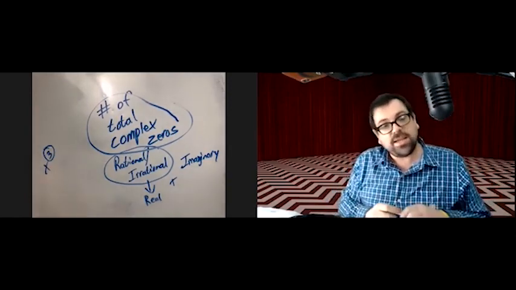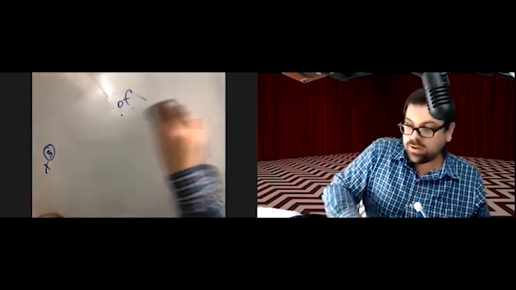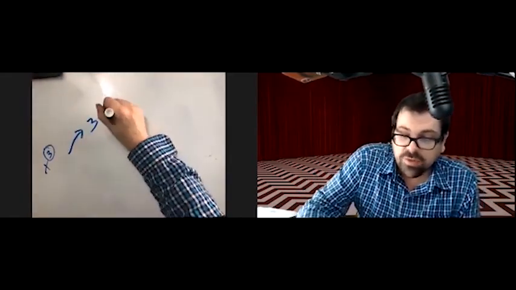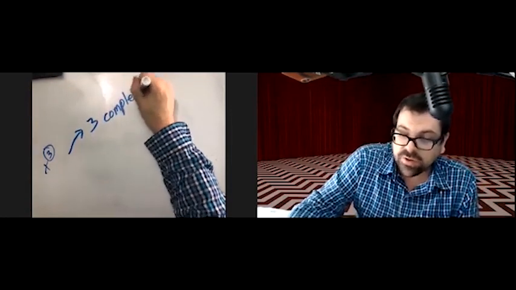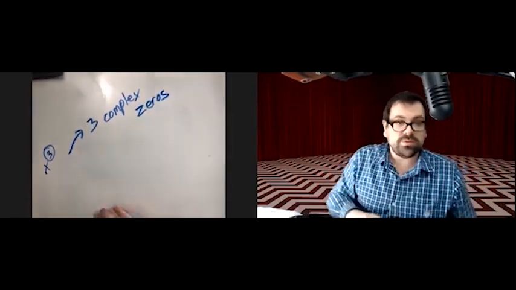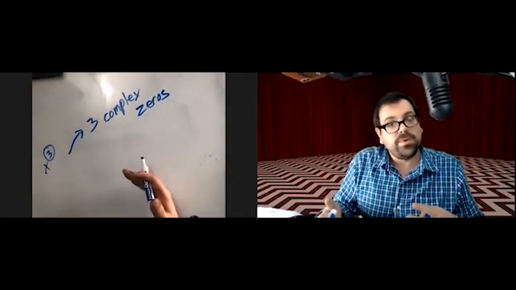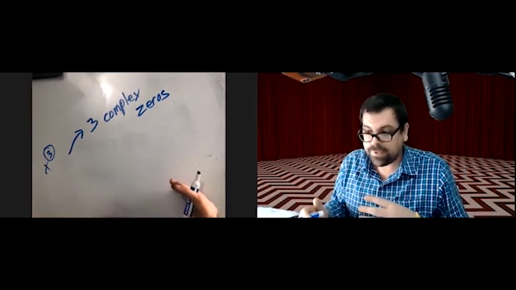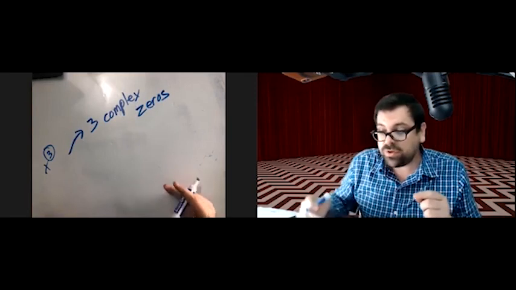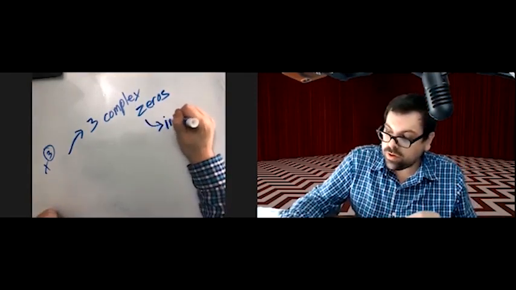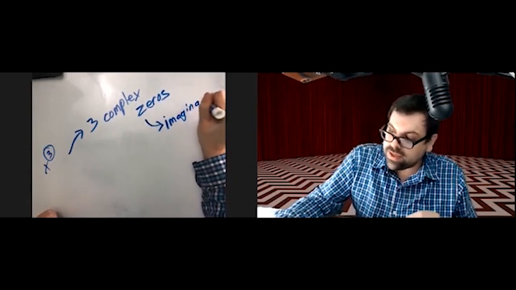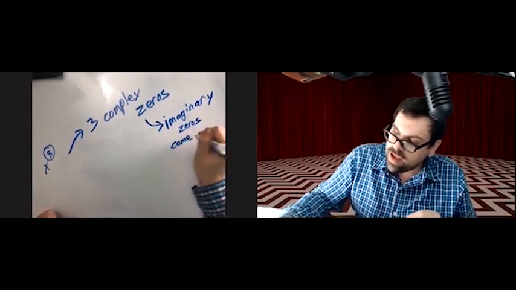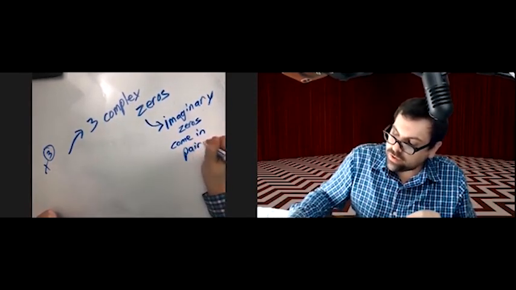So something that's an x cubed, because it's an x cubed, it has 3 complex zeros. Some of them real, some of them imaginary. The imaginary zeros are special because the imaginary zeros come in pairs.